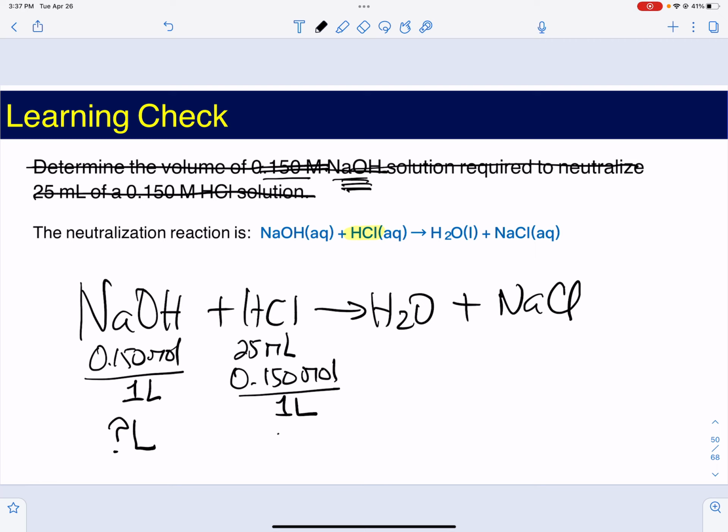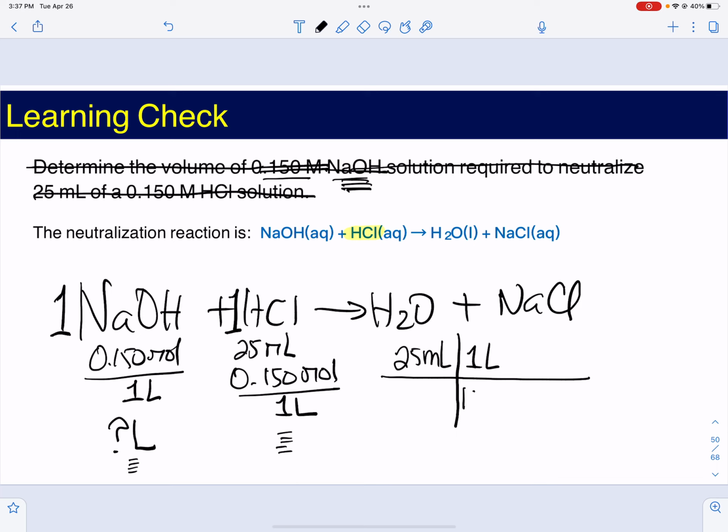So given the HCl, can you find the volume of NaOH? We know that this is 1 to 1. If I know the moles of HCl, or hydrochloric acid, I need exactly the same amount of NaOH because it's 1 to 1. So how can I find the moles of NaOH? Of HCl, I'm going to take 25 milliliters and change that to liters. 1 liter is 1,000 milliliters, so that cancels the milliliters.